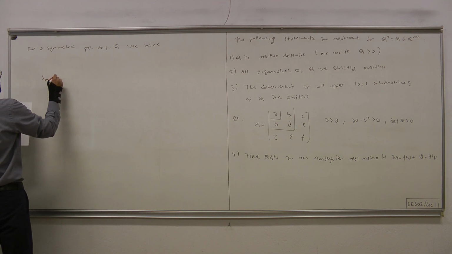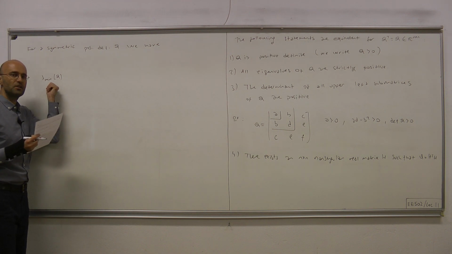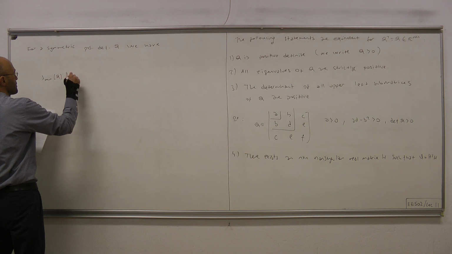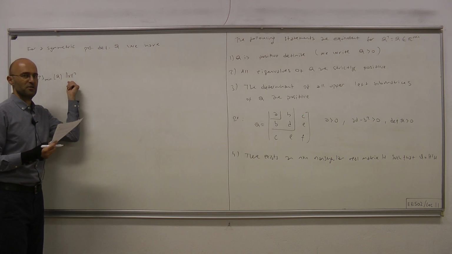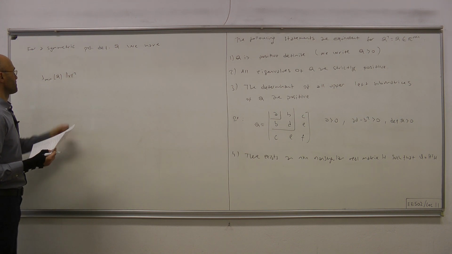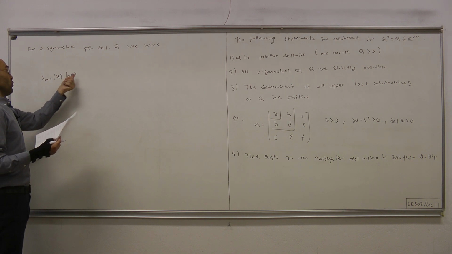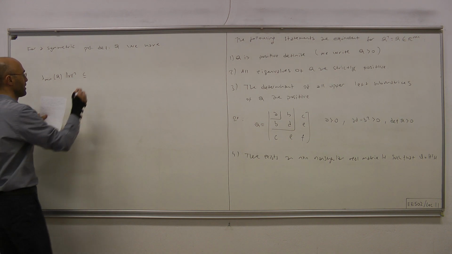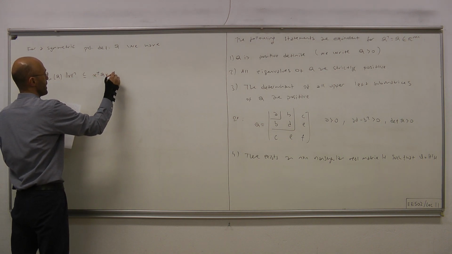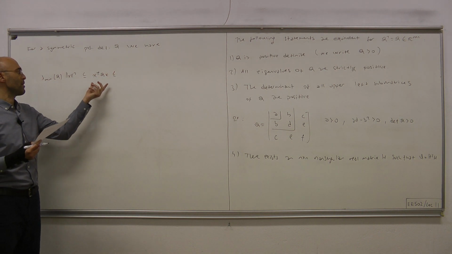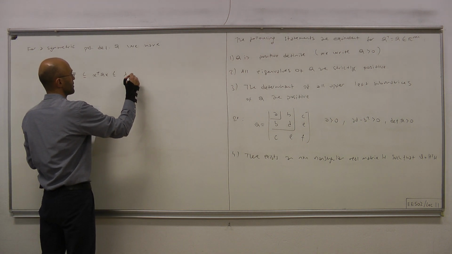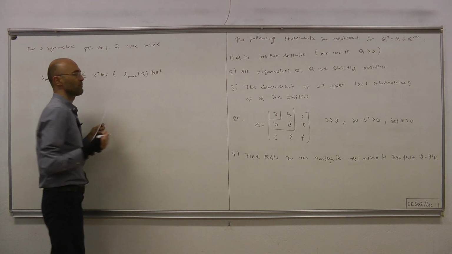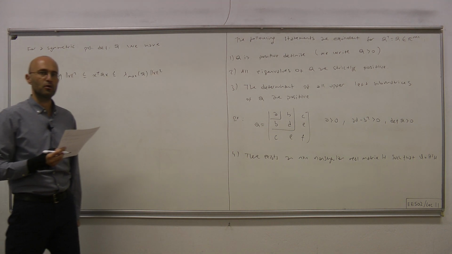Lambda min of Q, the smallest eigenvalue of Q, times the Euclidean norm squared, which is x transpose x, lower bounds x transpose Q x. Likewise, x transpose Q x can be upper bounded by the largest eigenvalue of Q multiplying x transpose x, the Euclidean norm of x squared.